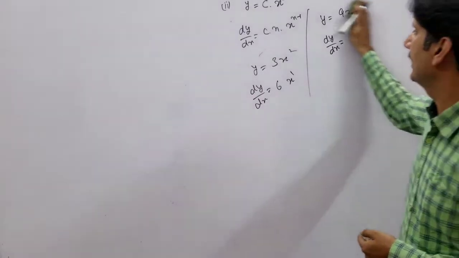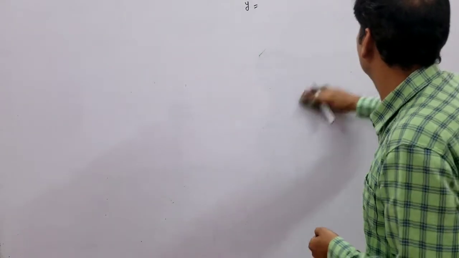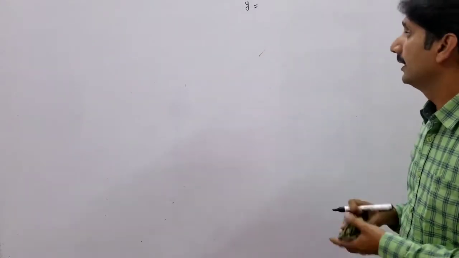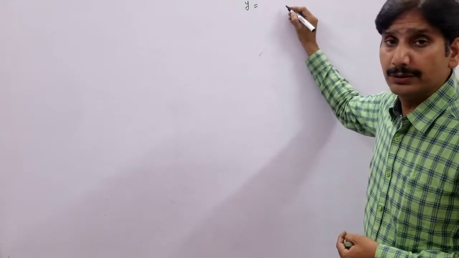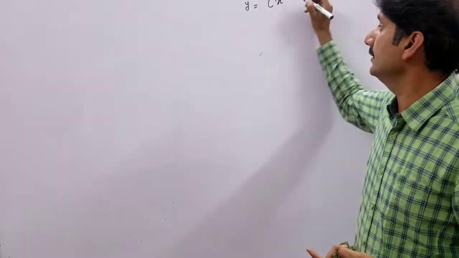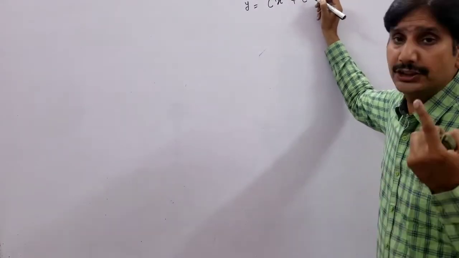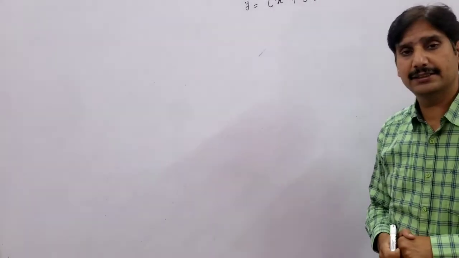Now, let's move on to the next formula. What if y is equal to some c x raised to power n plus some c dash x raised to power n dash or something like that?